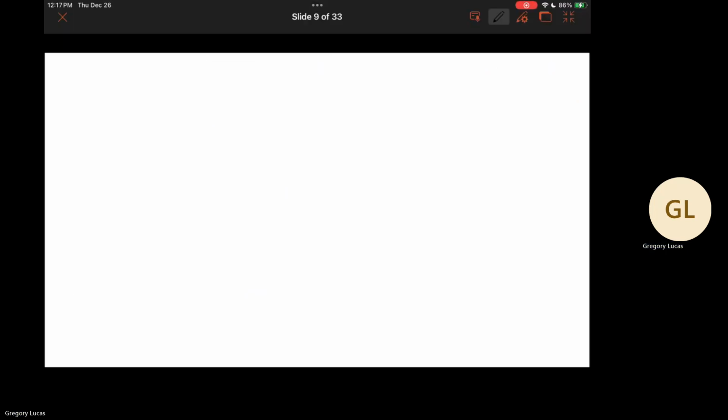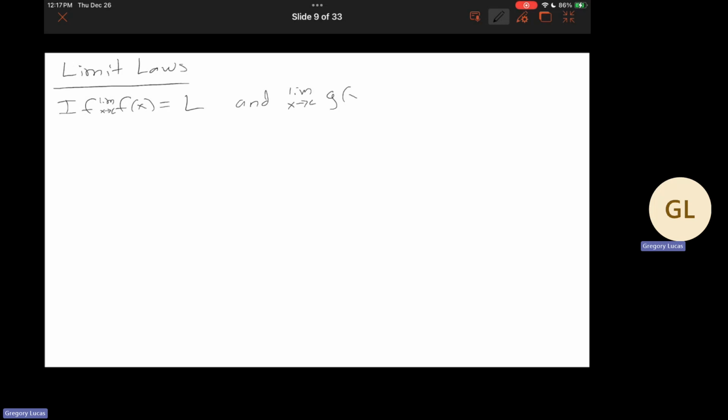All right. Let's talk about a few limit laws. For all of these, we'll say the limit as x goes to c of f of x is equal to L, and the limit as x goes to c of g of x is equal to m.